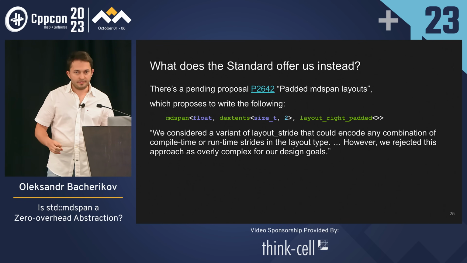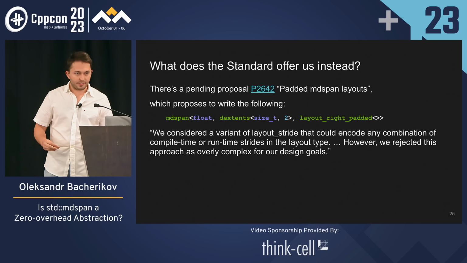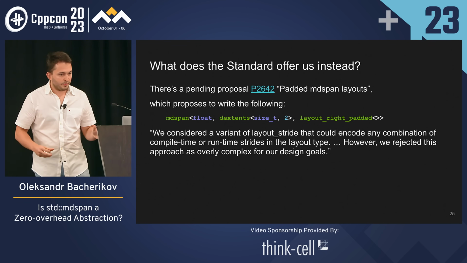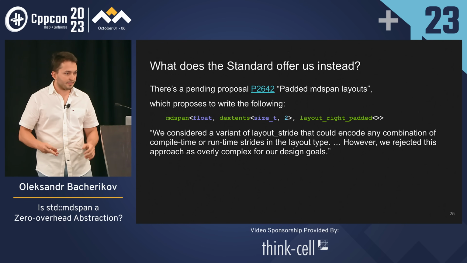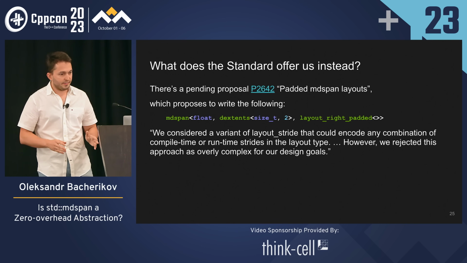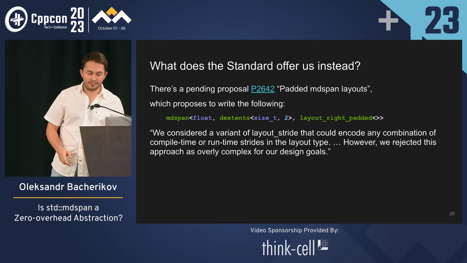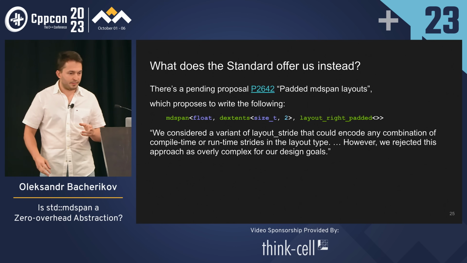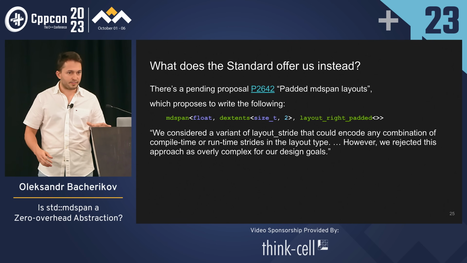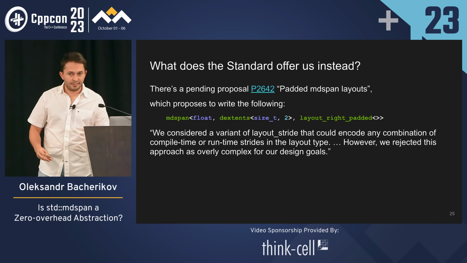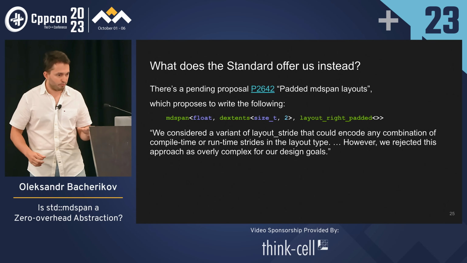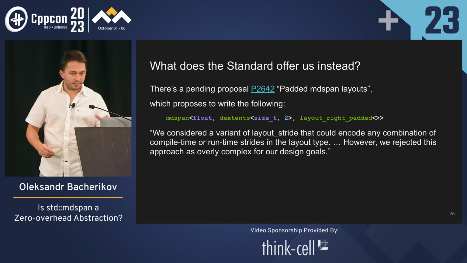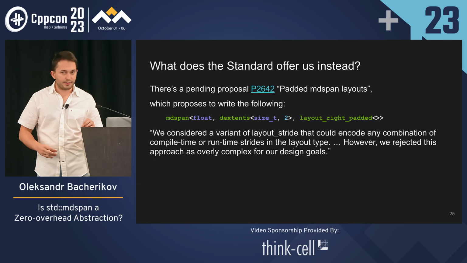And in the comments, it says that a variant of layout stride was considered, but it was rejected because it's overly complex for the design. But actually, I think that it's indeed overly complex, but only given the existing mdspan design. And I think this line isn't too expressive.